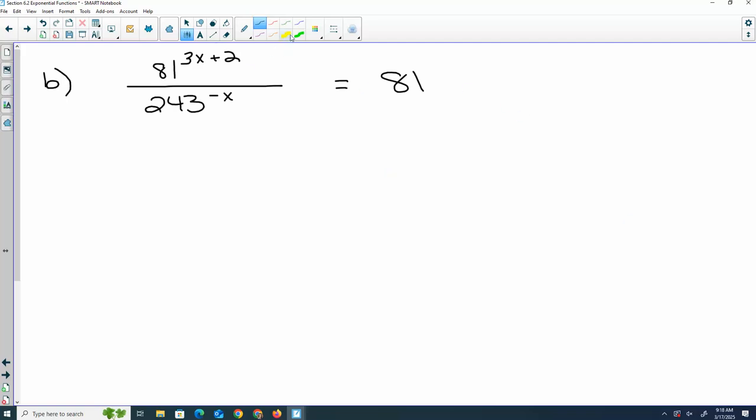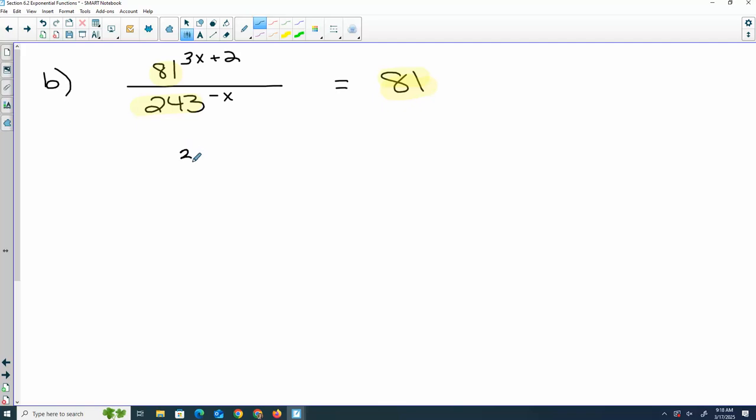If I'm looking at 81, 243, and 81. Those are all powers of what number? 9. 81 is 9 squared. Does 9 to a power equal 243? No. So we would have to go down to 3.